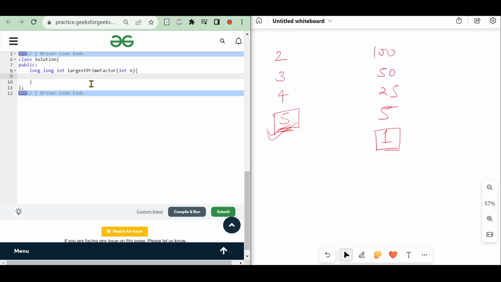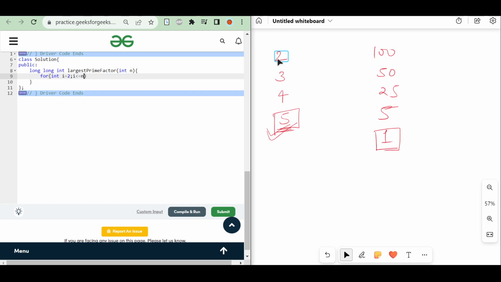Now I'm going to code it as I have explained. I'm going to use a for loop for getting these numbers 2, 3, 4, 5. So for, I'll start with 2, and I will move this for loop till that number n.